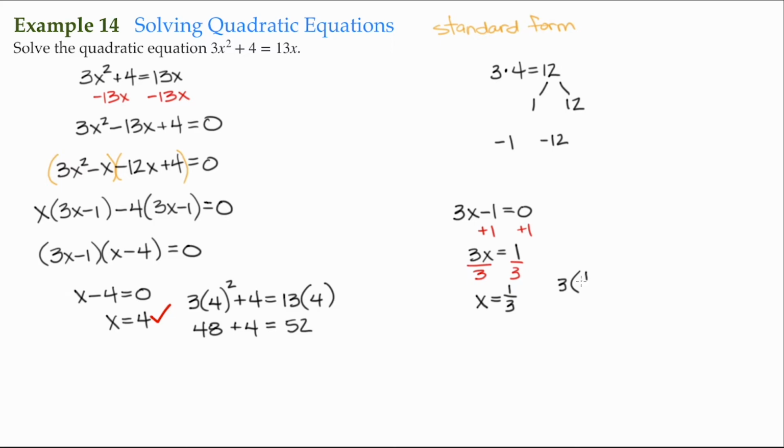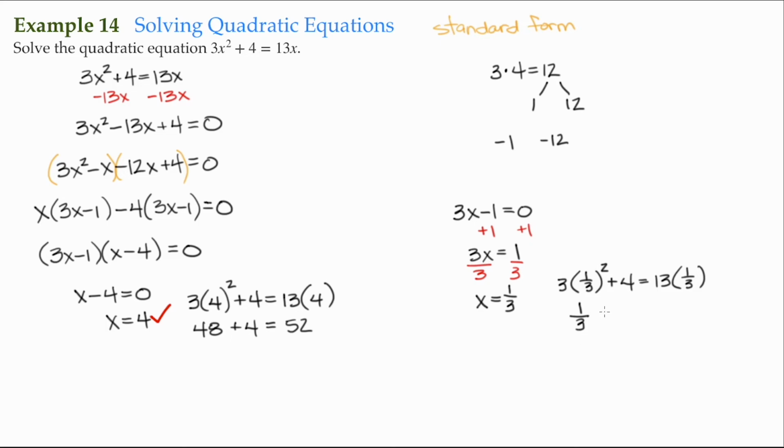3x, and that's 1/3 squared, plus 4. Does that equal 13x? 1/3 squared is 1/9. And 3 times 1/9 is 3/9. And 3/9 is the same as 1/3.